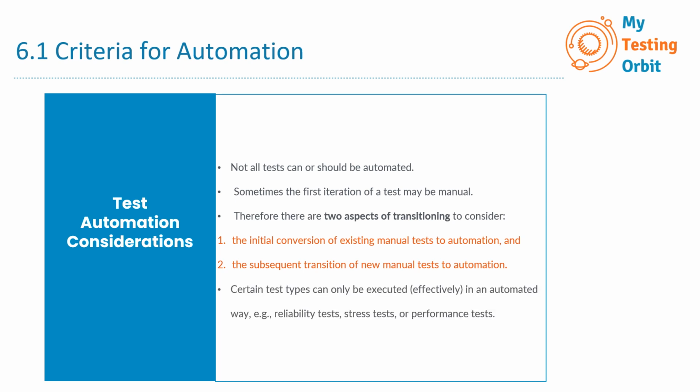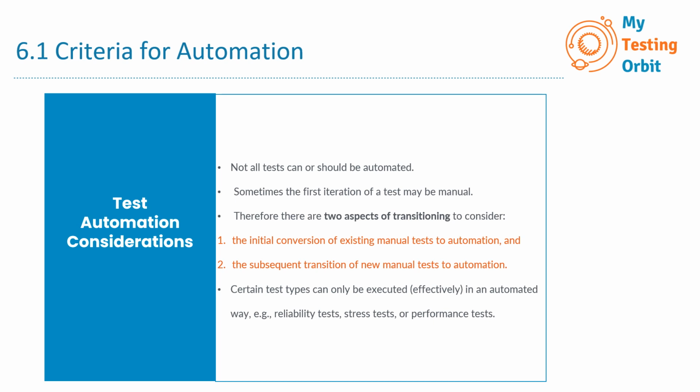Then the next point is certain test types can only be executed effectively in an automated way. For example, reliability tests, stress tests, or performance tests. When we talk about reliability tests, we mean the kind of tests that check how stable and dependable a system or application is.